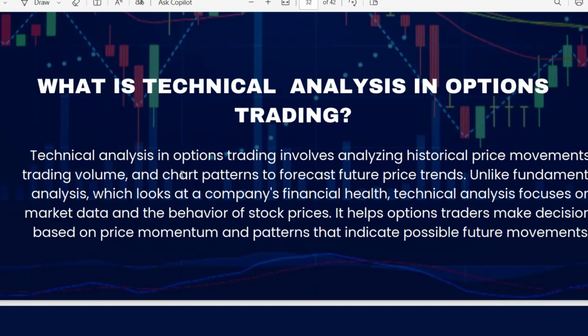So in technical analysis, we're using it to analyze the movement of the market and to see how prices are reacting as the stock moves. If it is moving in a negative direction or in a positive direction, the technical analysis is going to tell us everything based on our chart patterns. So that's what technical analysis is.